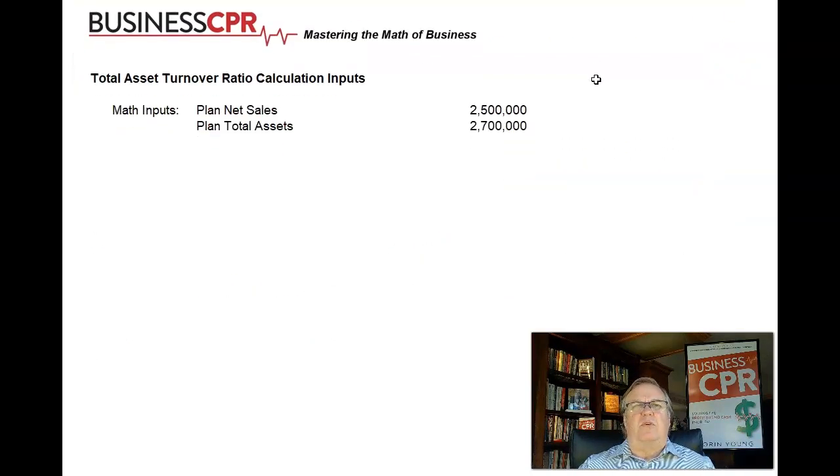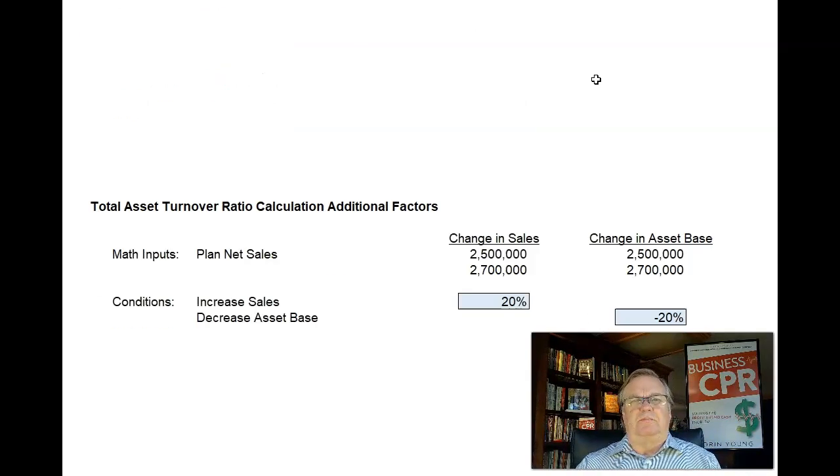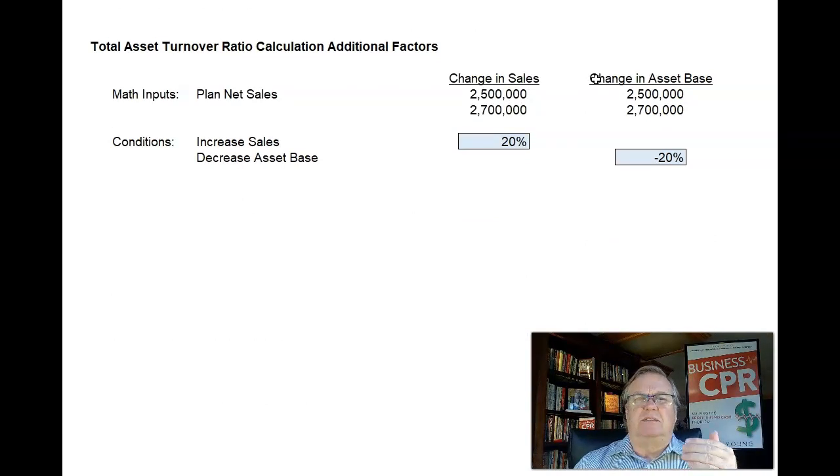So let's appreciate how you can calculate the total asset turnover ratio for your business. You need two numbers. The first one's off the P&L statement: that's your net sales. The second is off the balance sheet: that's your total assets. If your goal is to move those numbers, there's only two levers you can pull.